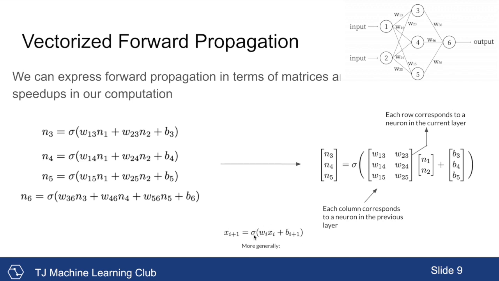And then you just apply your activation function. Right, so as I said before, the advantage of doing this is that it really speeds things up, especially if you have a GPU.